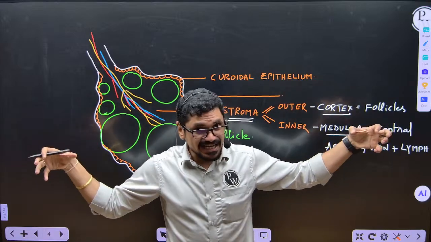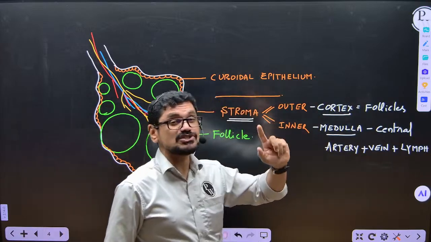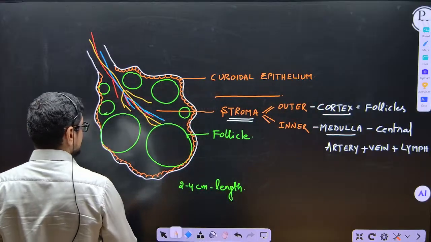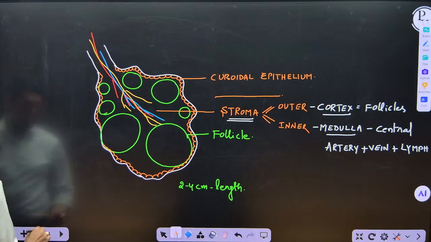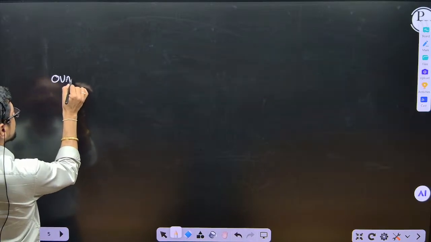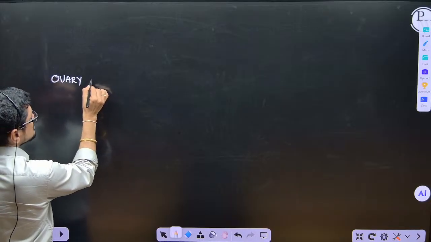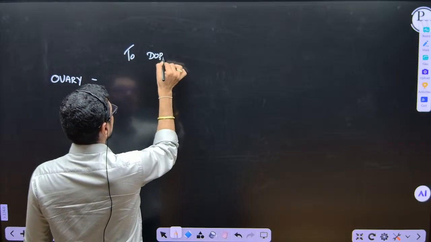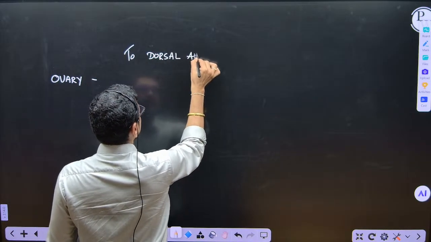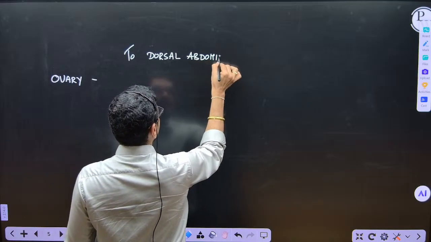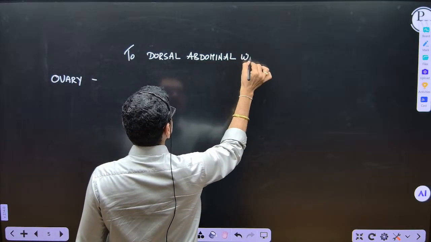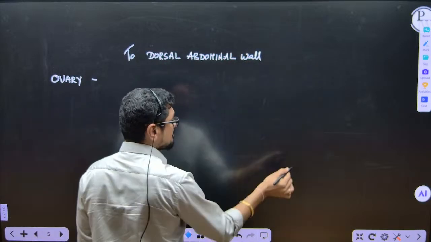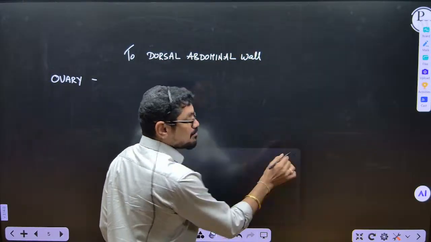In order to attach, it requires one layer. Some gum is required to attach. What is that gum? Let me write here. The ovary is attached to the dorsal abdominal wall with the help of a layer, like a gum.